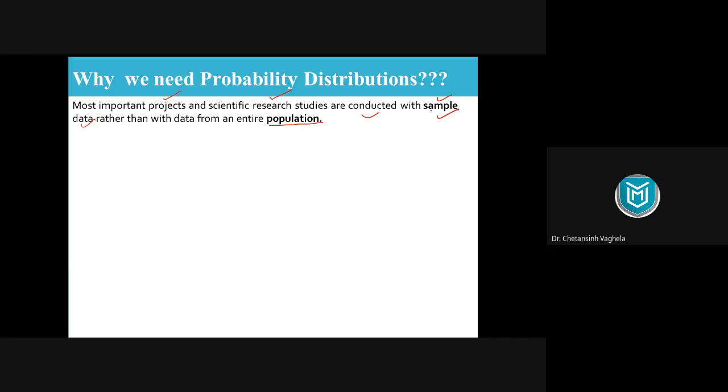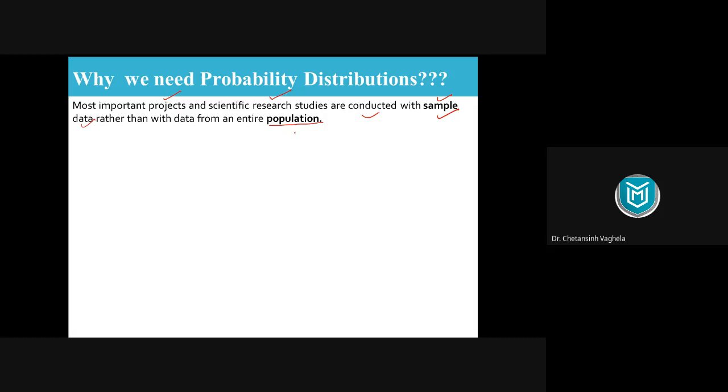Why? Because dealing with the entire population is never convenient. It is never convenient to work with all the data. In a research study, it is not possible to research all of the data. It is time consuming, and not even economically convenient.